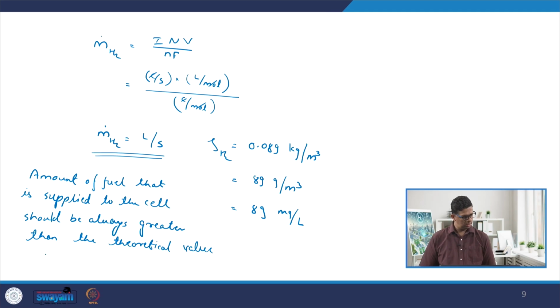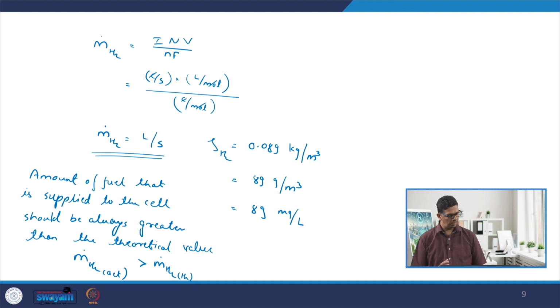In other words, m dot H2 actual should be greater than m dot H2 theoretical. The theoretical value can be found out if we know the current flowing in the cell or the stack and the number of cells in the stack. We can find the flow rate required to maintain that amount of current, and the actual flow rate supplied to the cell should be greater than this theoretical value.